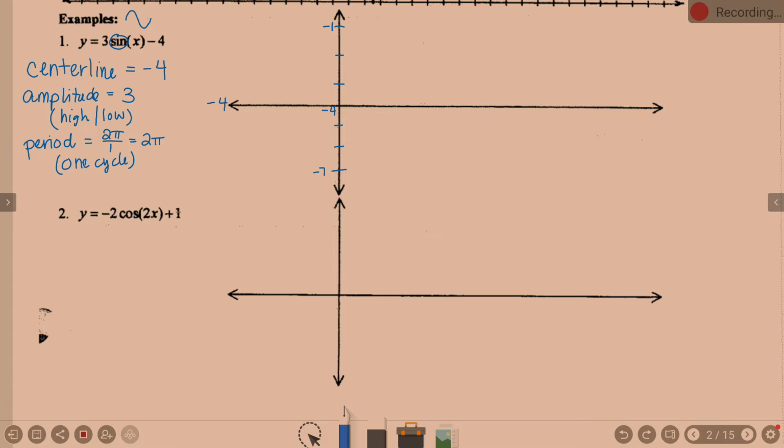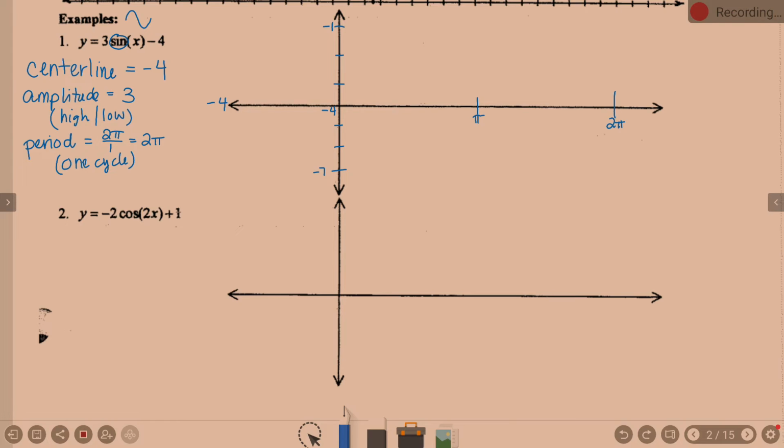Here's what I usually do, because I think of the sine and cosine graphs as 4 pieces. So I always try and break it into fourths. I'm going to go out as far as 2 pi, correct? And then I'm going to mark the middle point. What is the middle point of 2 pi? Pi. So I'm going to try and eyeball it, and I struggle with this on the BenQ, but approximately there is pi.